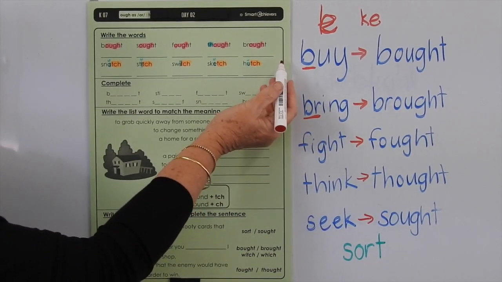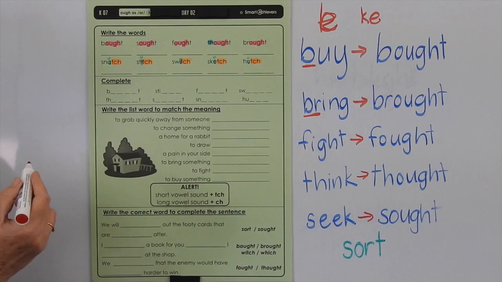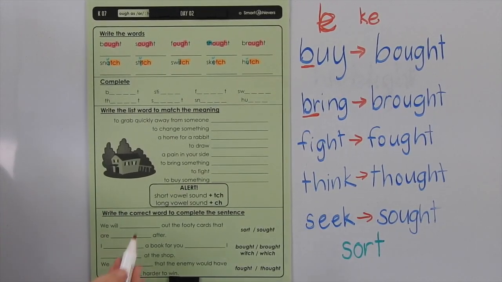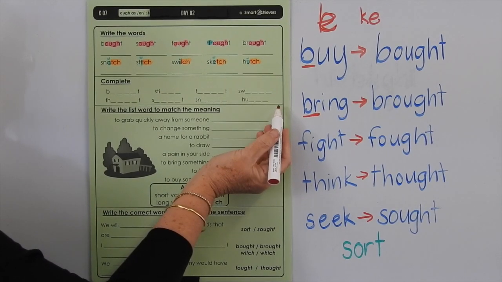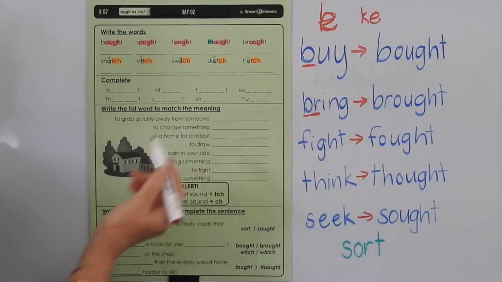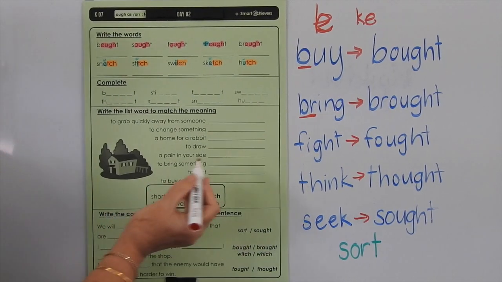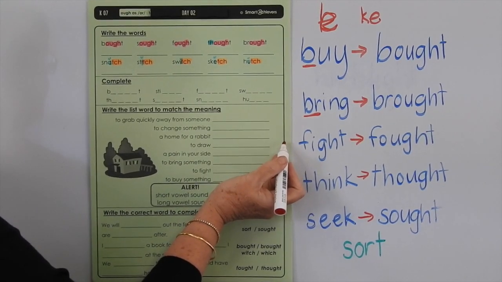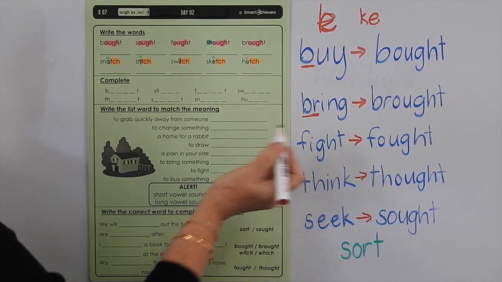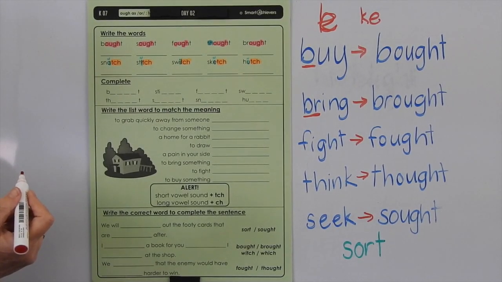So if you're buying something at the shop today, you might say, yesterday I bought an apple, for instance. Bring would be, I will bring my book to school. If it was yesterday, you would say, yesterday I brought my book to school. Today, you might see a fight at the football. You might say, yesterday we saw the footy players fighting.